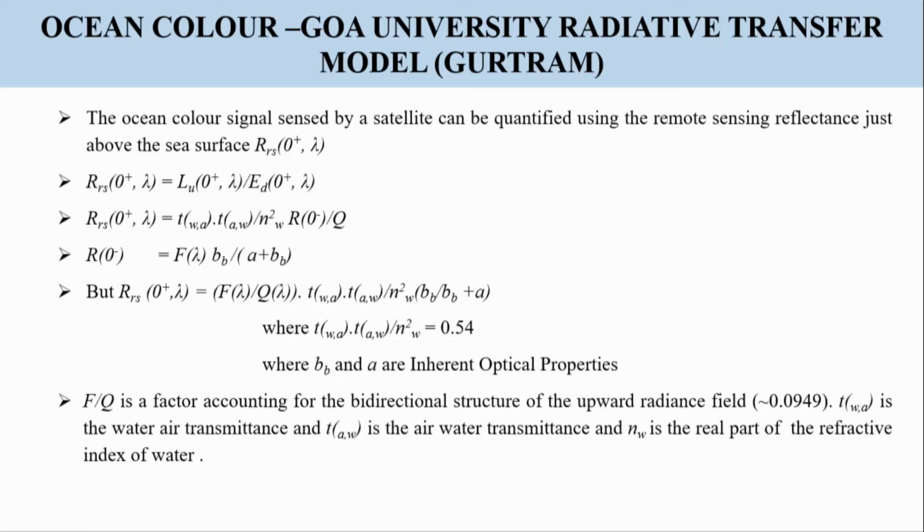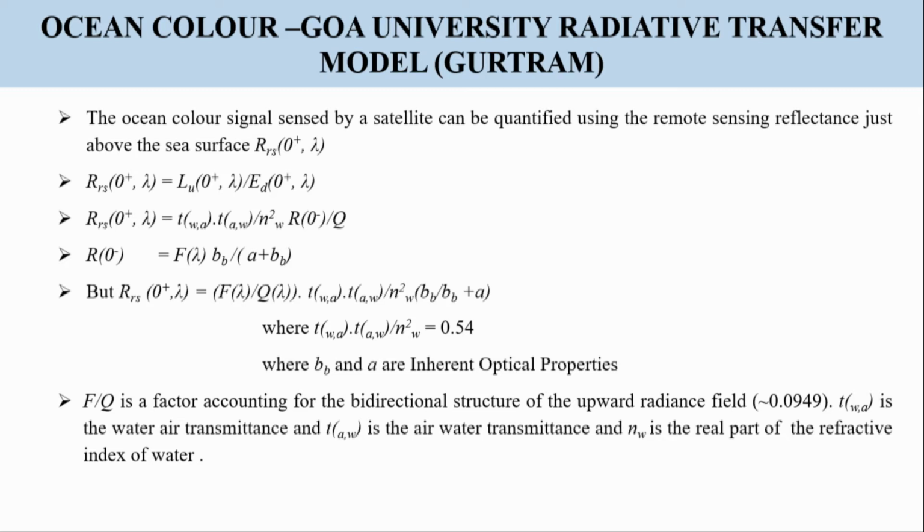As I mentioned earlier, to resolve this, we have developed a radiative transfer model, named the Goa University Radiative Transfer Model, or GUTRAM. Let me start like this. Ocean color signal sensed by a satellite can be quantified using RRS just above the surface, which is equal to LU(0+) divided by ED.